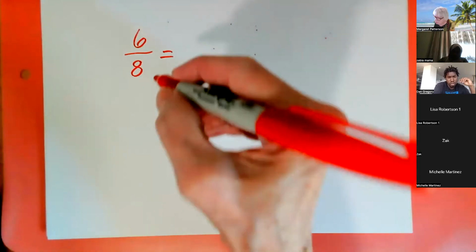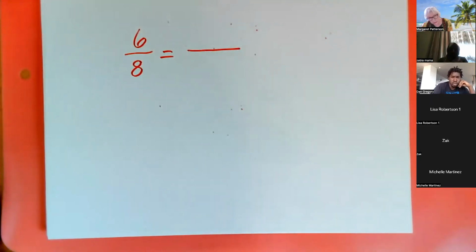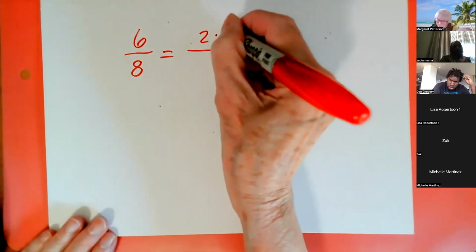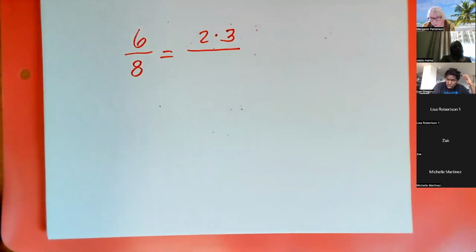Can you think of what they have in common? In other words, instead of thinking in number 6, you're thinking of what two numbers multiplied to get 6. 2 times 3, right? In other words, looking at what makes up the number.